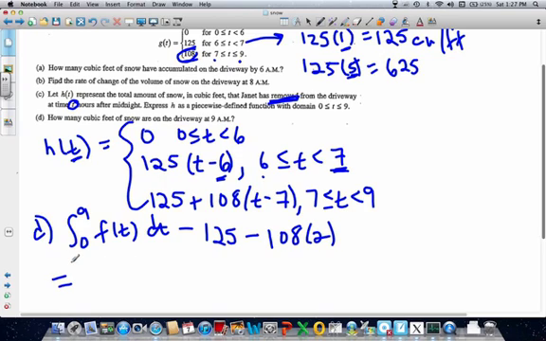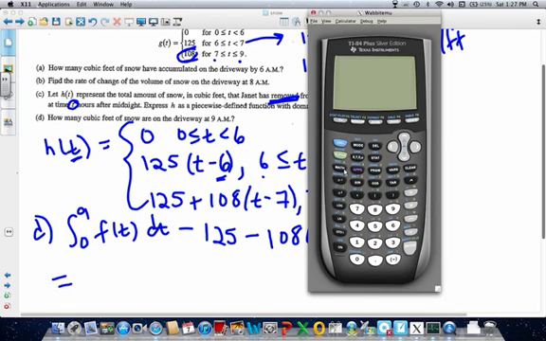And so we can do this all on the calculator and get an answer. So Math 9, integrate from 0 to 9 of f of t dt. This is kind of why it's nice to put it in a calculator, because that way you don't have to keep typing it.